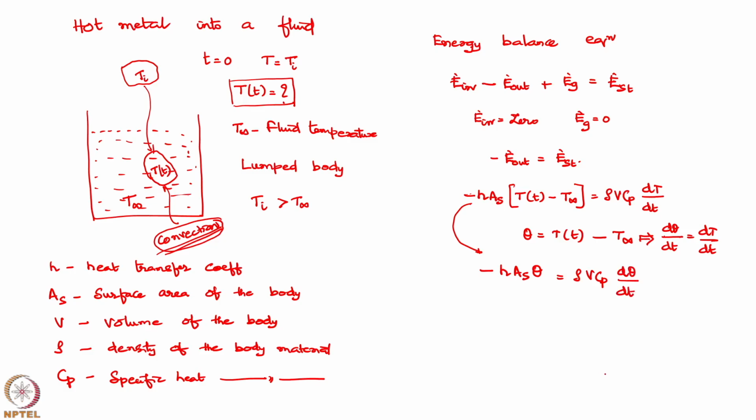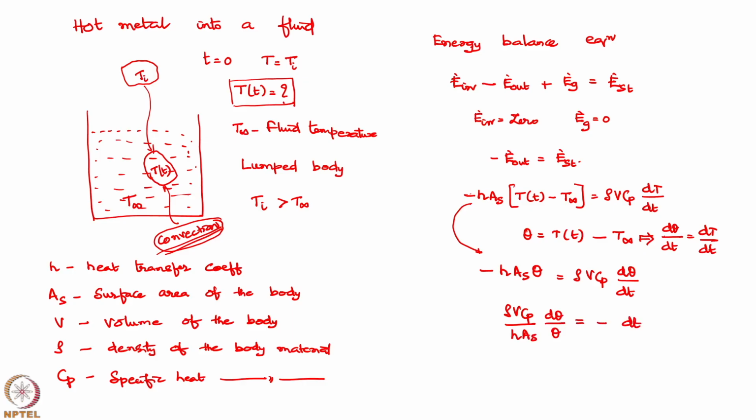Rearranging, I can write rho V cp divided by h A_s into d theta by theta is equal to minus dt.